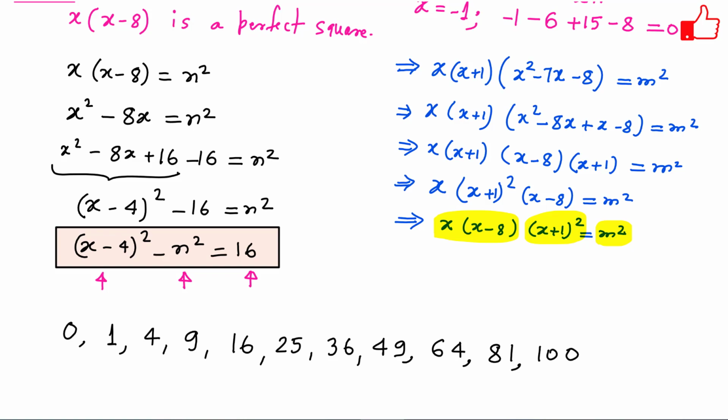Now see, if you have a number that is greater than 81, in that case the difference will be greater than 16. This means my number is less than 9. Now I have to find squares of two numbers whose difference is 16. So two possibilities you can have are 0 and 16. In this case the difference is 16, so this is one possibility.